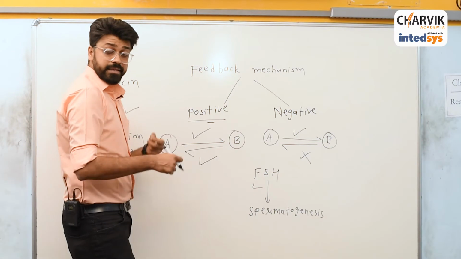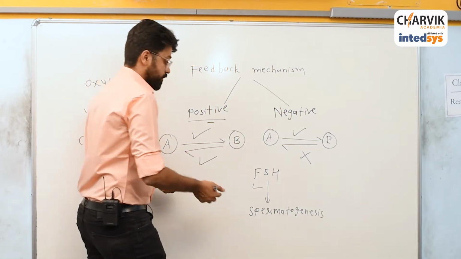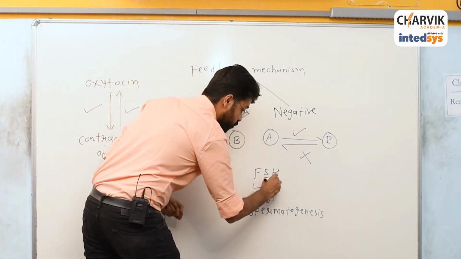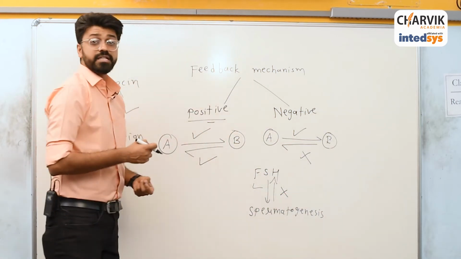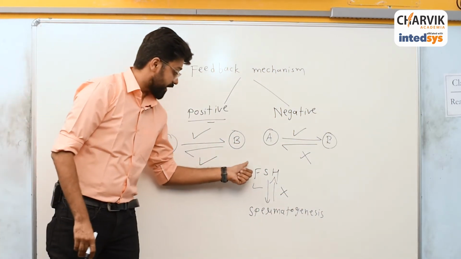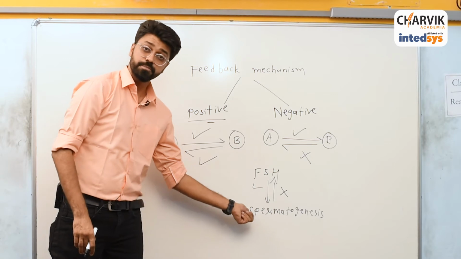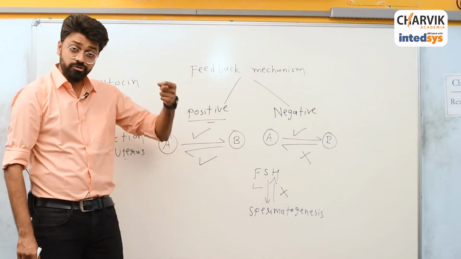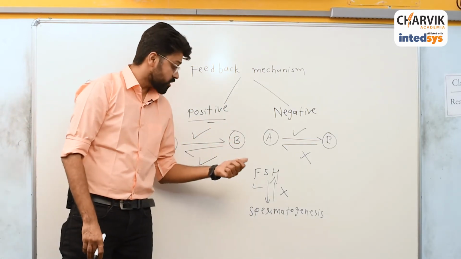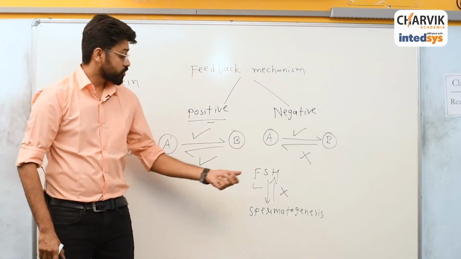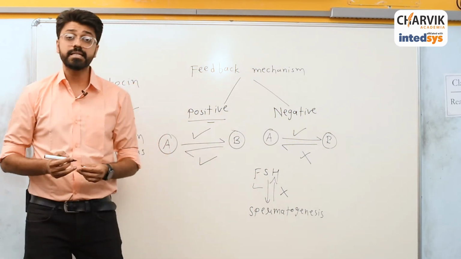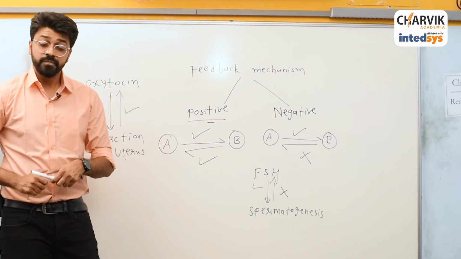In return, as the number of sperm increases, those sperms stop the secretion of FSH, right? So FSH is stimulating formation of sperms, and those sperms in return inhibit FSH. So this is an example of negative feedback.